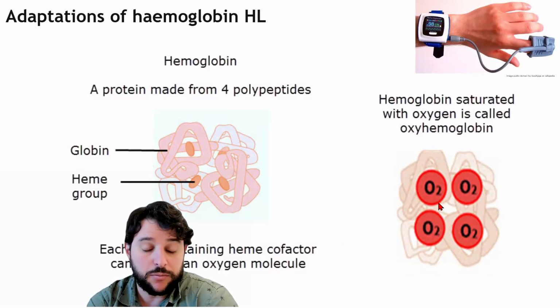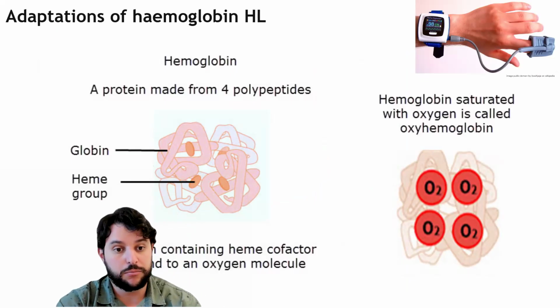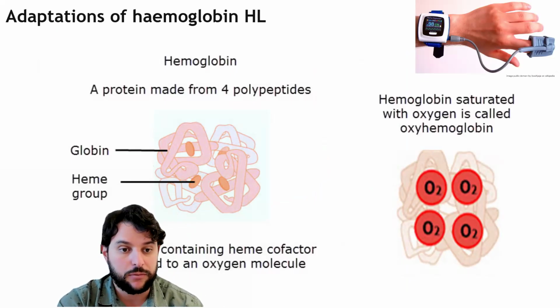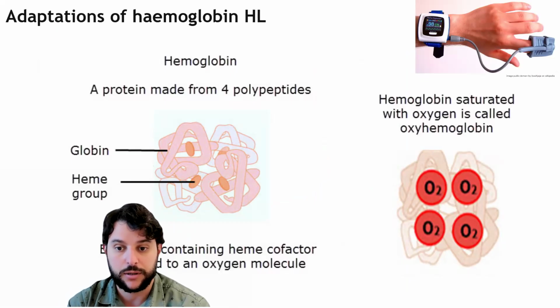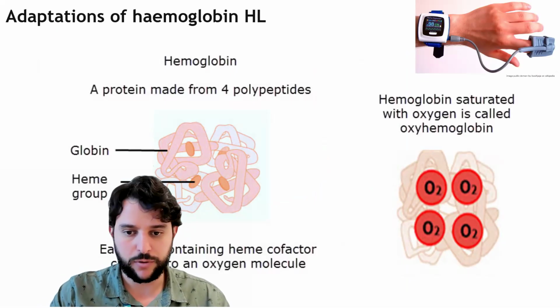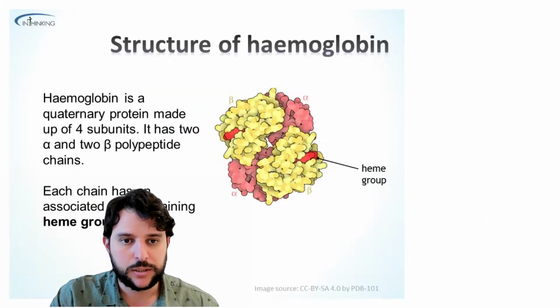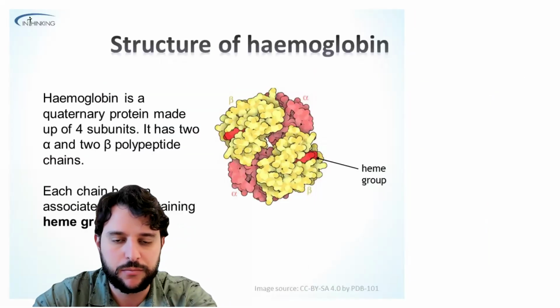And then this cell is going to move through your body, and it's moving through your brain exactly right now. And this is what makes you process this audio and this video that you are watching, giving you energy and oxygen to make energy. Beautiful, beautiful protein.